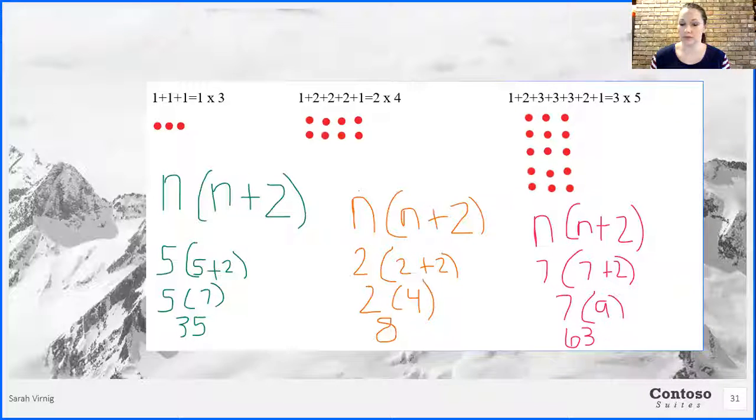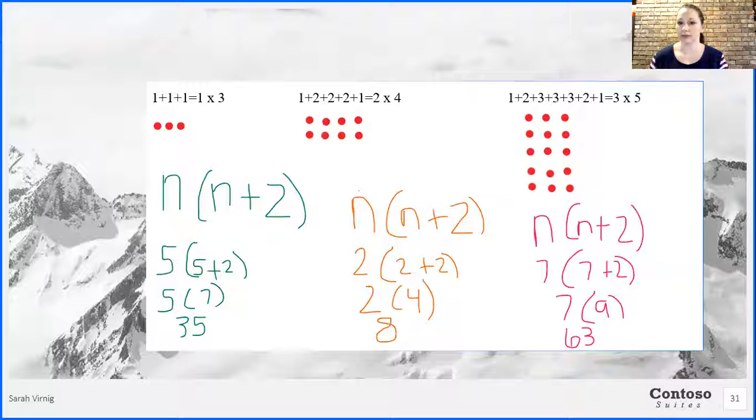We're going to put 2 in for n. 2 times 2 plus 2. Remember, we're going to do the work inside the parentheses first and then move out. So we're going to do 2 plus 2 is 4. 2 times 4 is 8. And again, we can count the dots and we would get 8, or you can add 1 plus 2 plus 2 plus 2 plus 1, and it will also give you 8.